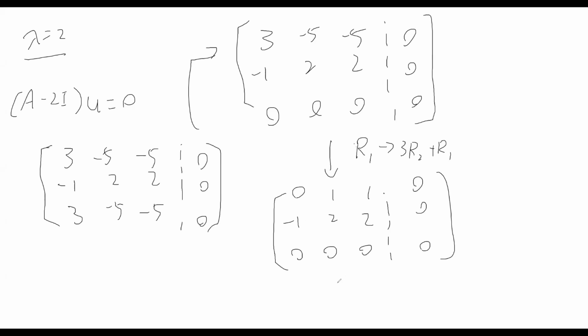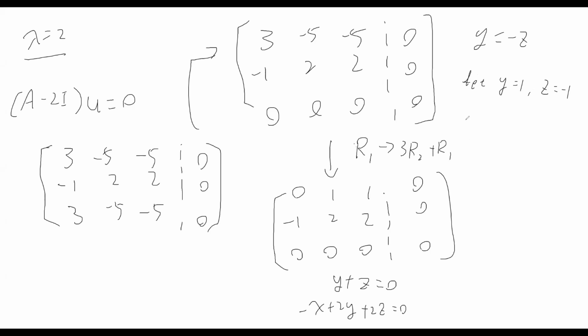what do we have? Let's say y plus z is equal to 0, and then this is negative x plus 2y plus 2z is equal to 0. All right, and then we can come up with, okay, y is equal to negative z, right? So let's say let y be 1, and then z will be negative 1.